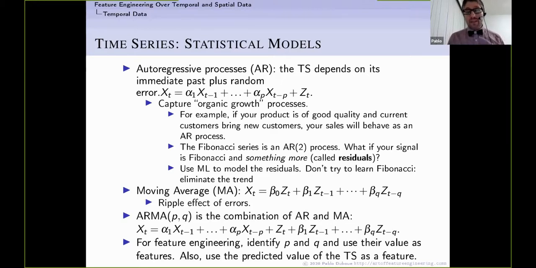There are statistical tests that will give you, if this time series is an autoregressive process, what are its parameters. You also have a moving average process, and ARMA, which is a combination of the 2. The moving average is expressed by a Q parameter that also gives you the size of the window, and then the AR is expressed by the P, and these P and Q can be used as features for machine learning.